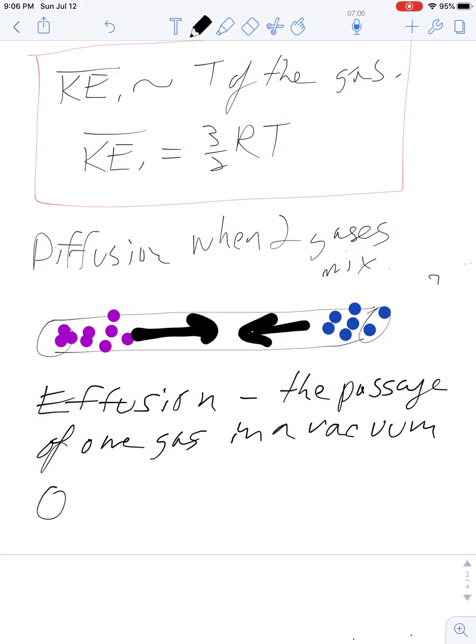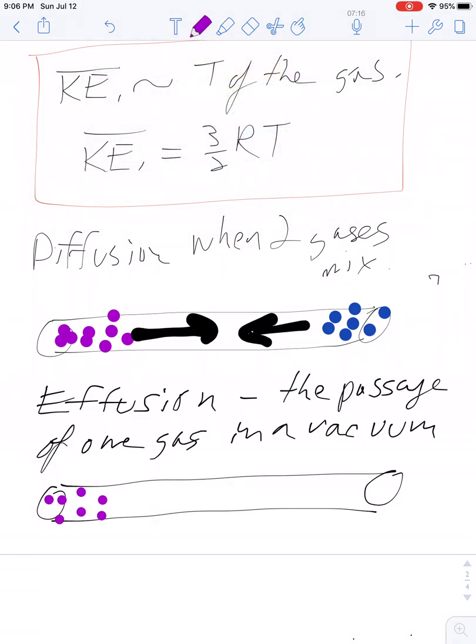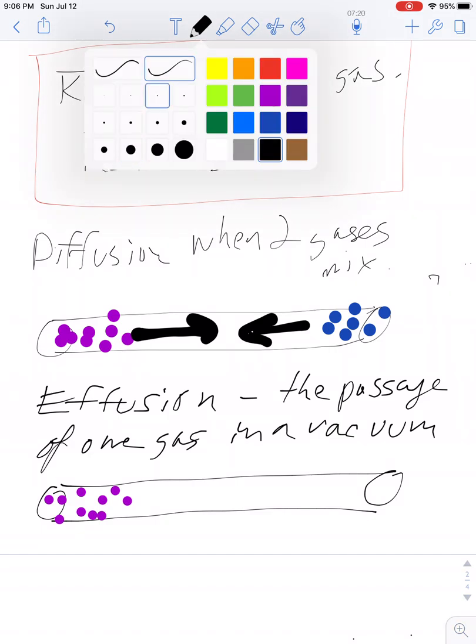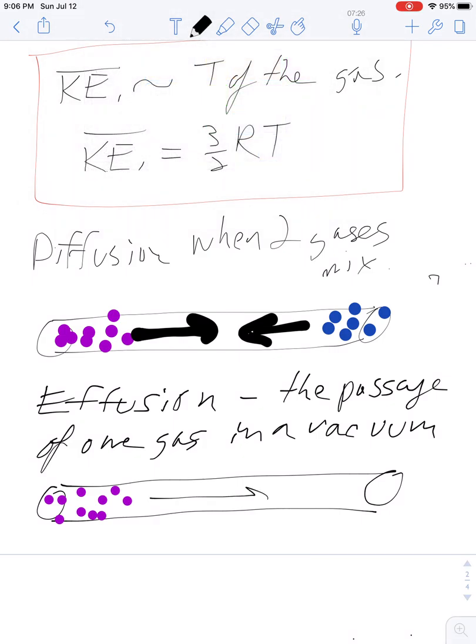So in this case, you'd have your tube, and then you would release one of your gases and see how long it would take to move across the tube. So that's the difference between diffusion and effusion.